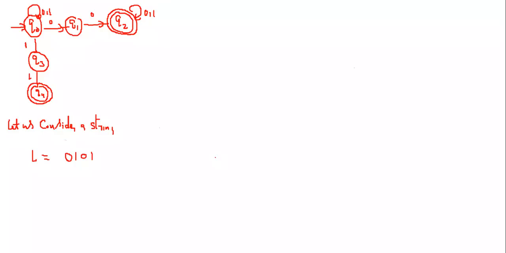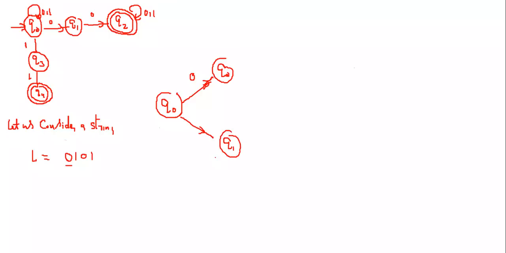Now we have to check through the NFA diagram. Suppose you are at initial state Q0. On Q0, if you take the first symbol 0, either you can go to Q0 or you can go to Q1.